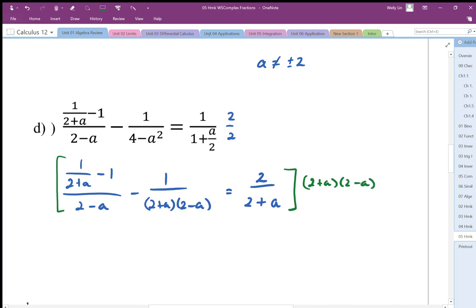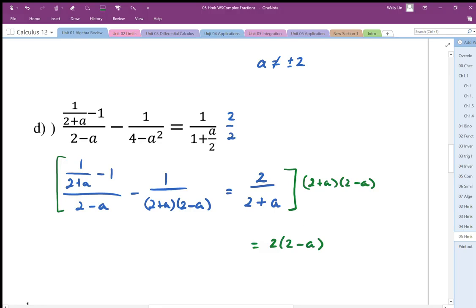I'm going to now multiply both sides of the equation. So here I only multiplied top and bottom, so I only had to worry about this term. Here I'm multiplying both sides of the equation, so I can cancel things on both sides. So I'm just going to start from the left-hand side. The 2 plus a's cancel, so I'm still left with 2 times 2 minus a.